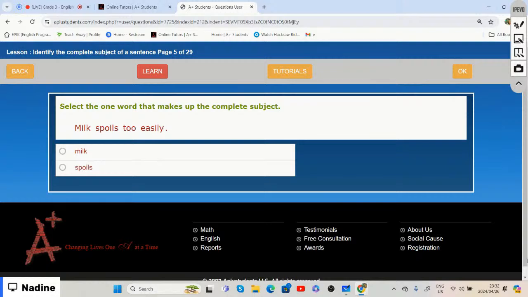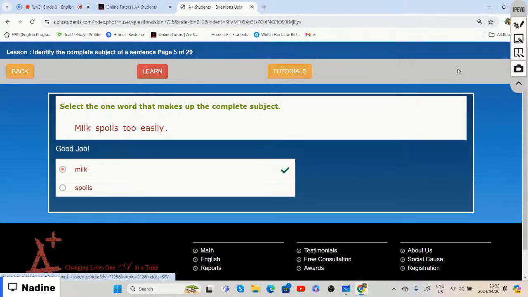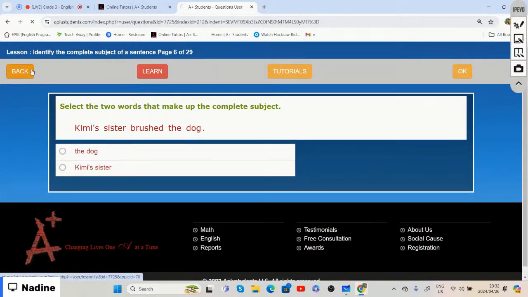So milk spoils too easily. All right. Then if we were to say what spoils too easily, we would say option one, which is milk. So well done, everybody.